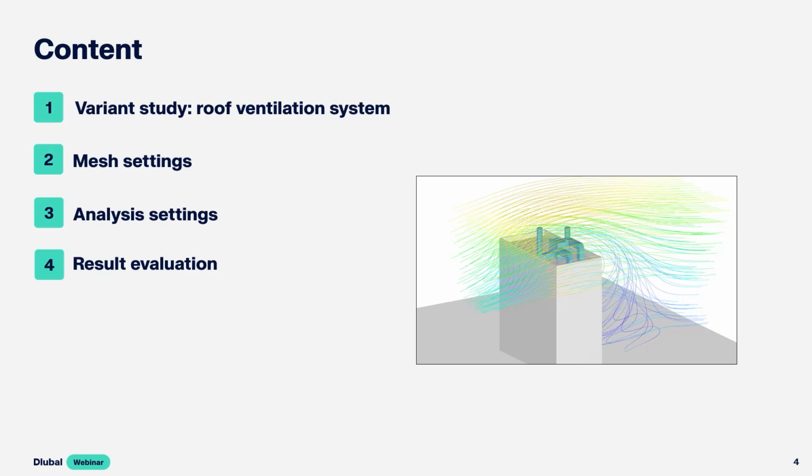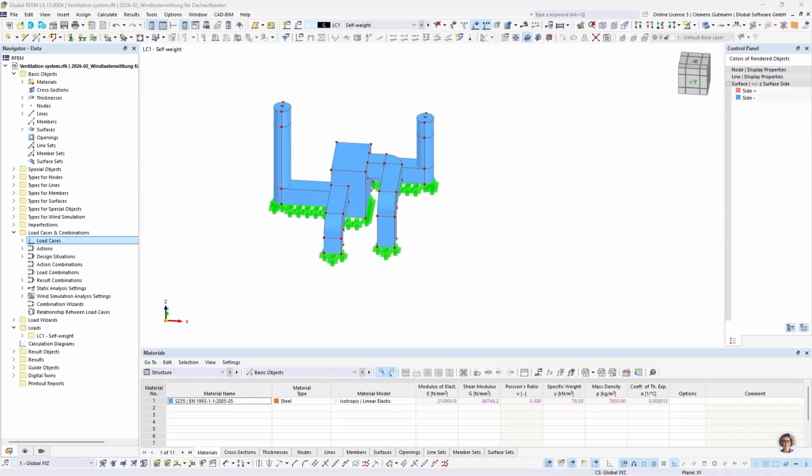Of course, we are also going to look at the required mesh settings and the analysis settings, and finally take a look at the results. So without further ado, let's jump into the program.